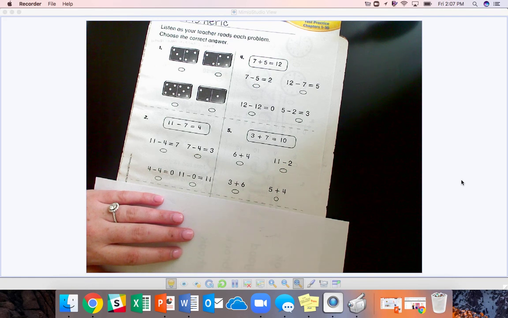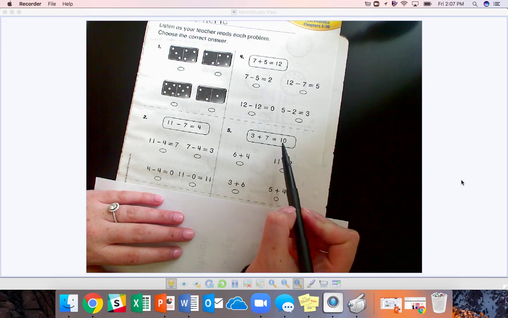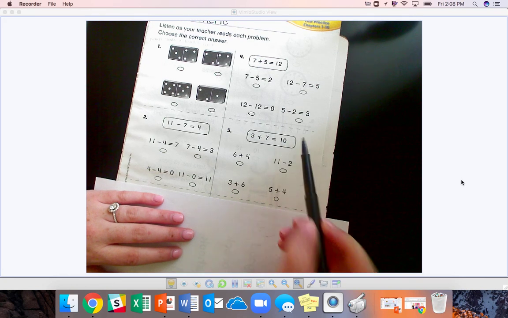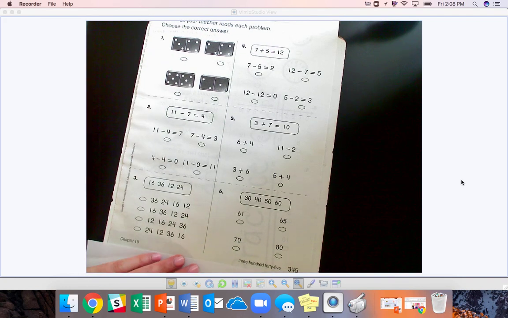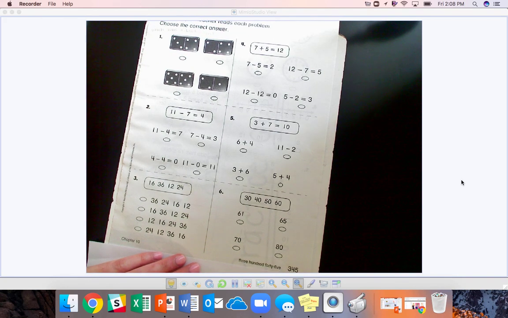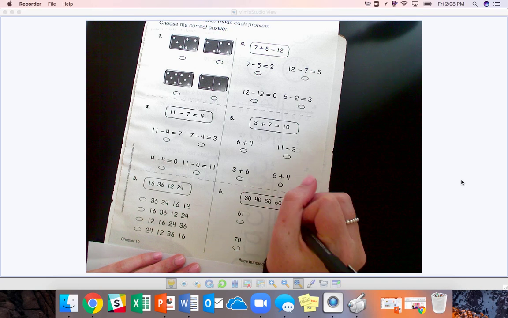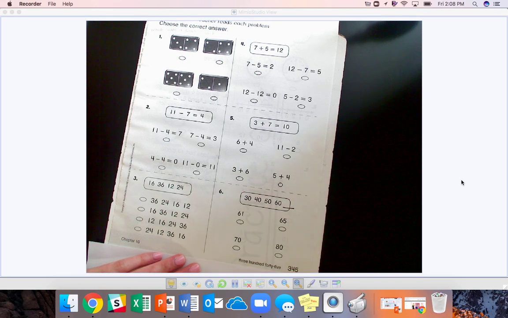What other number sentence also equals 10? If I continued this pattern on number 6, what number would come next? 30, 40, 50, 60. What number would come next?